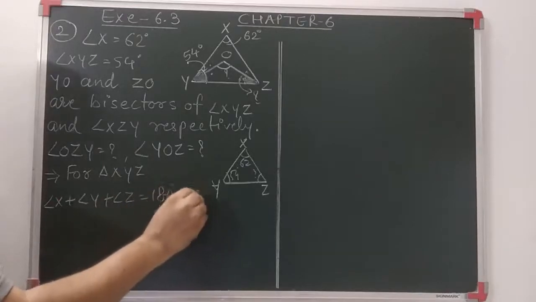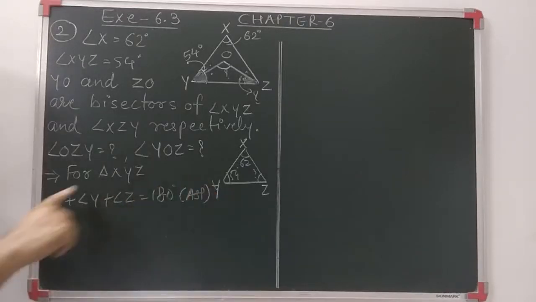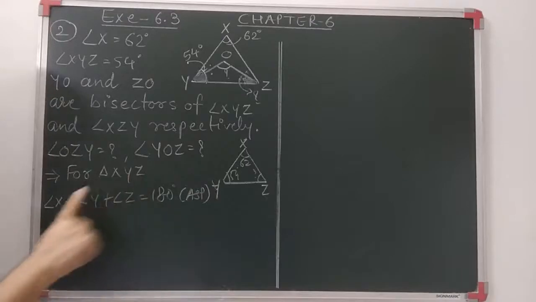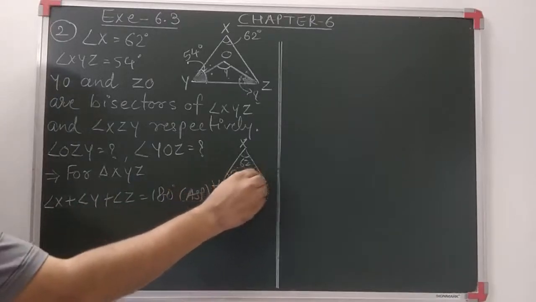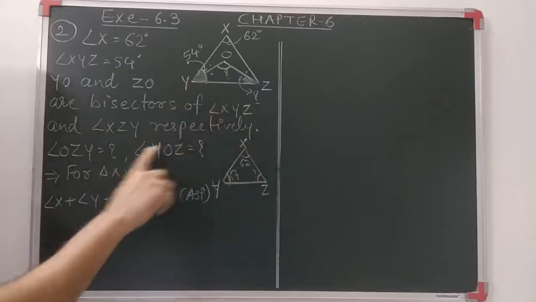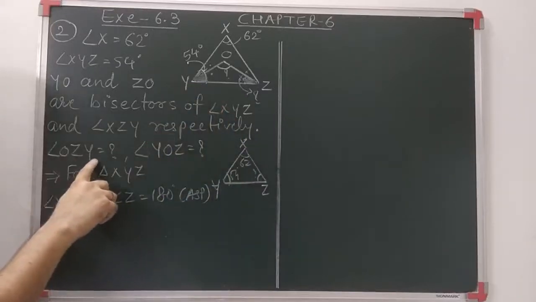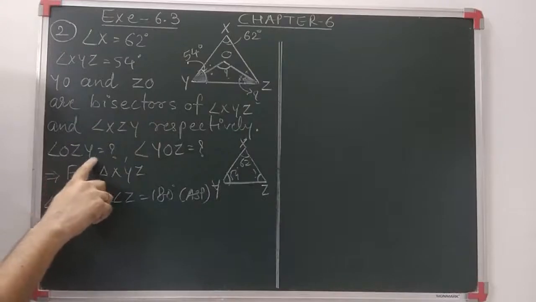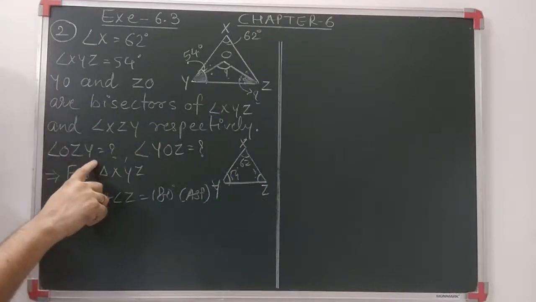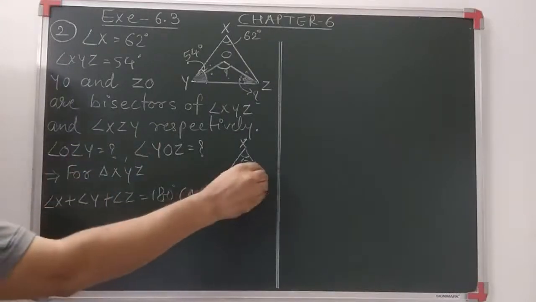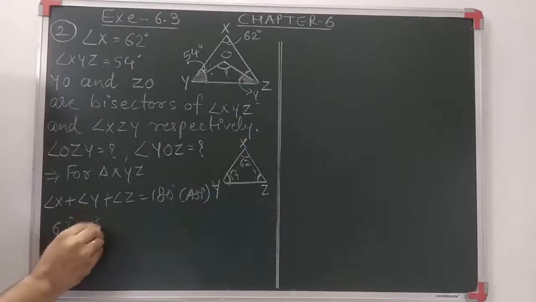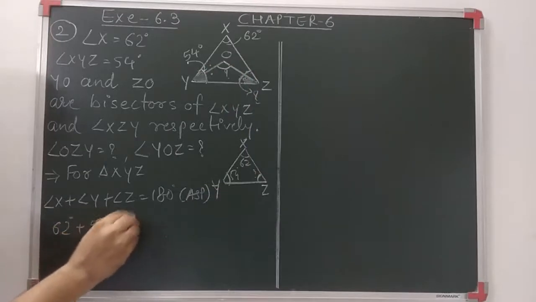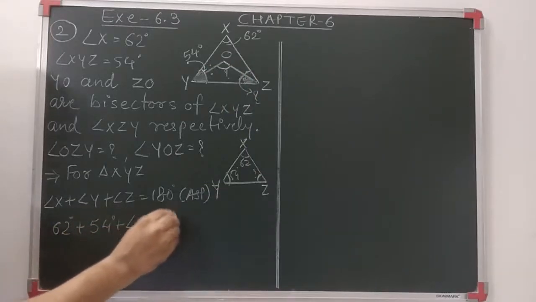Students, when I have written XYZ and angle X, angle Y, angle Z, it is considered the whole angle. It won't consider OZY. This OZY is the angle of triangle OZY, and this is the whole angle which we obtain now. This is 62, angle X, this is 54, the angle Y, and let's see what Z we obtain.